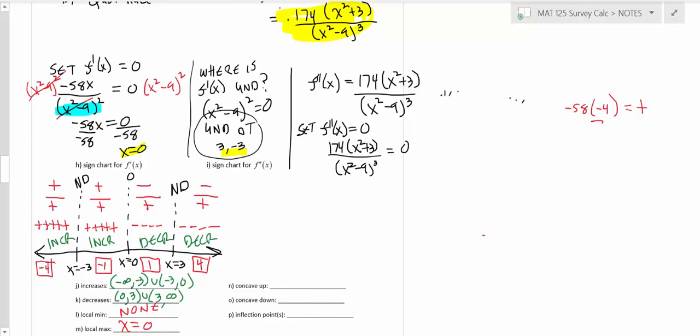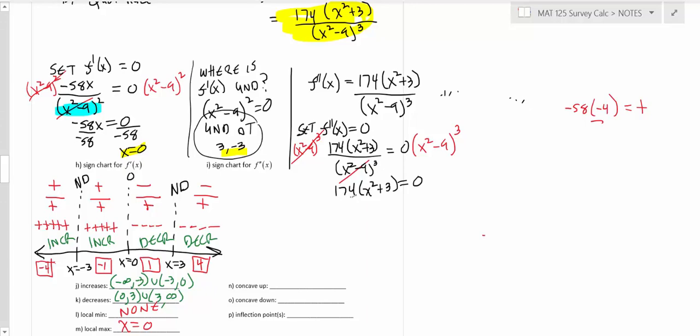You can do this in your head: multiply both sides by the denominator to get rid of the fraction. But you can bypass this, because you just end up with the numerator set equal to 0. So we have to solve that equation, and that will give us places on our sign chart where we're going to analyze the concavity.